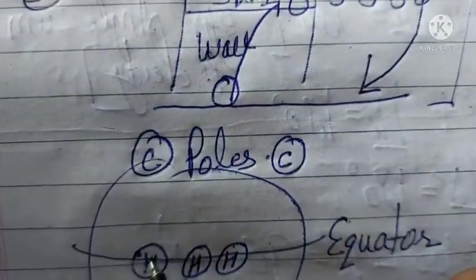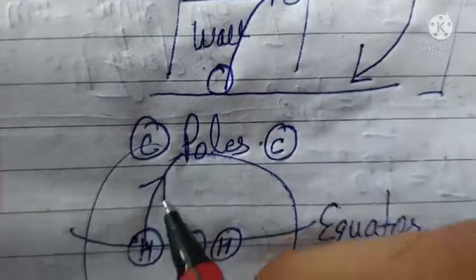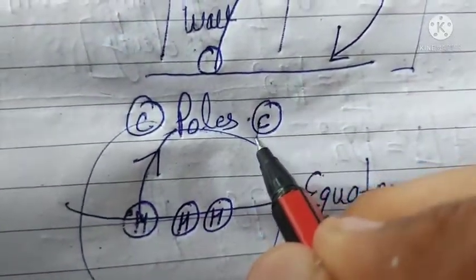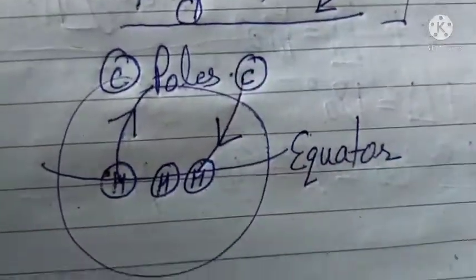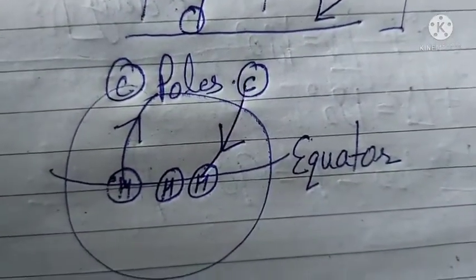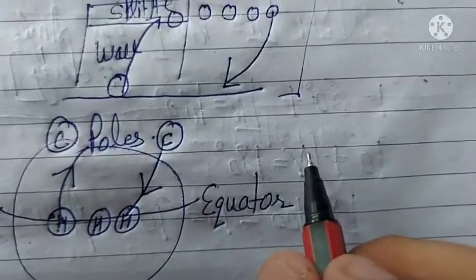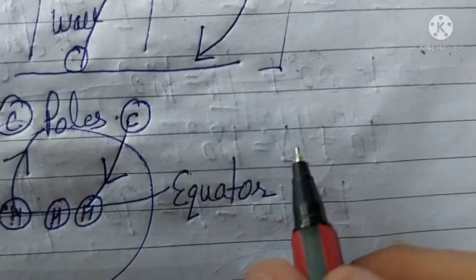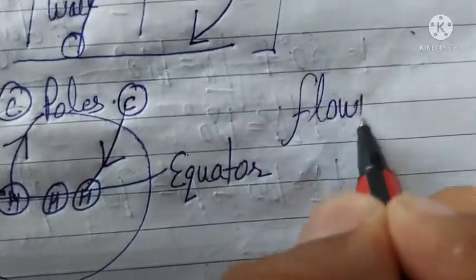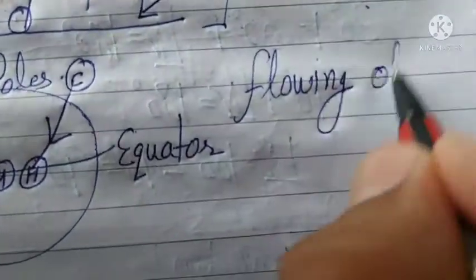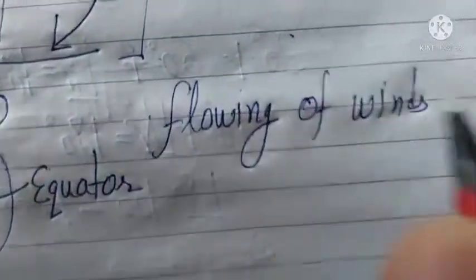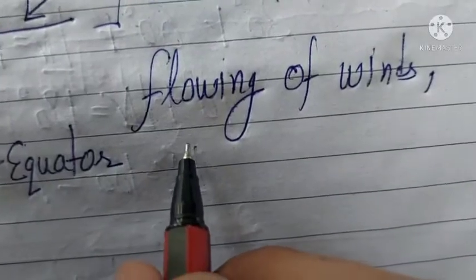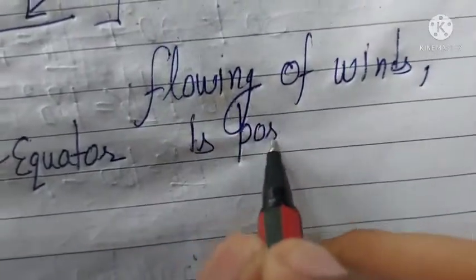The hot particles at the equator will rise toward the poles, and the cold particles from the poles will travel toward the equator. So a kind of convection current will set up. This is responsible for the flowing of winds over the oceans or over the continents. Flowing of winds is possible due to convection currents.